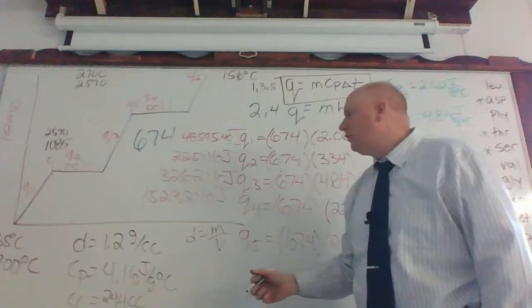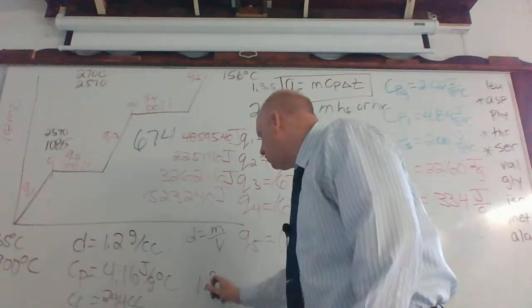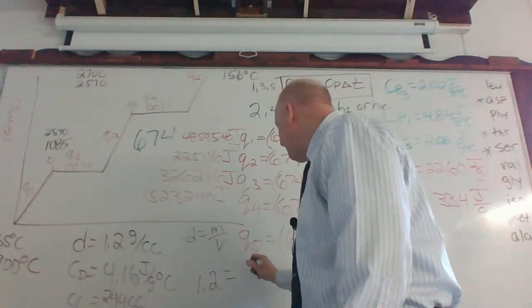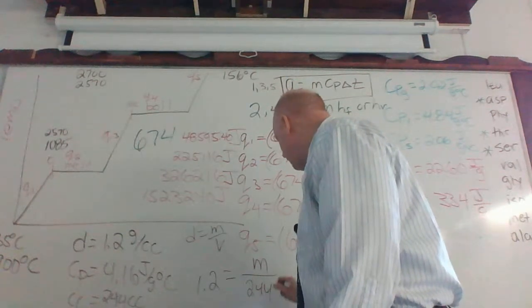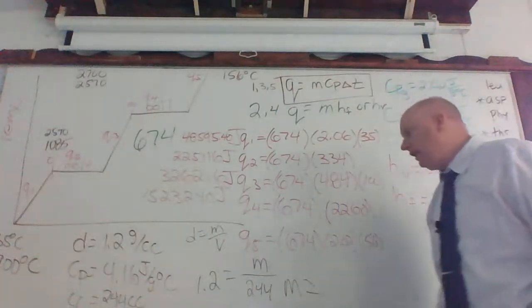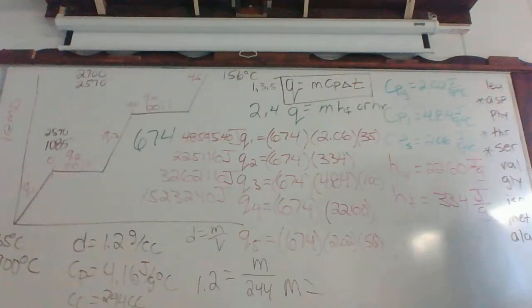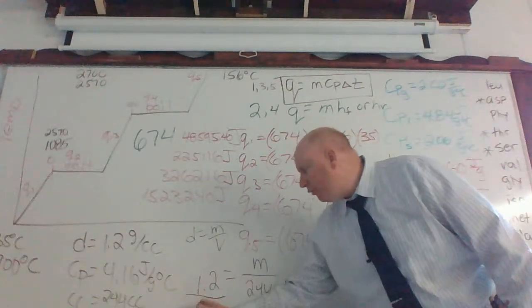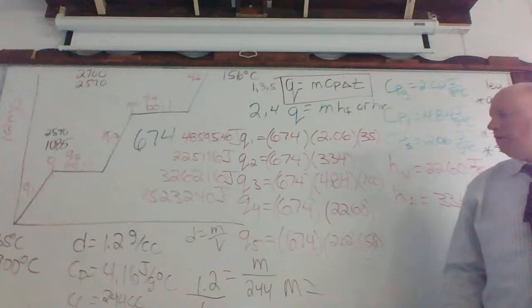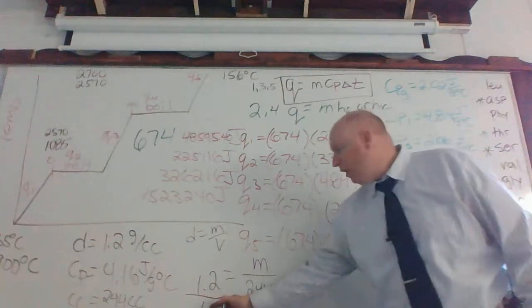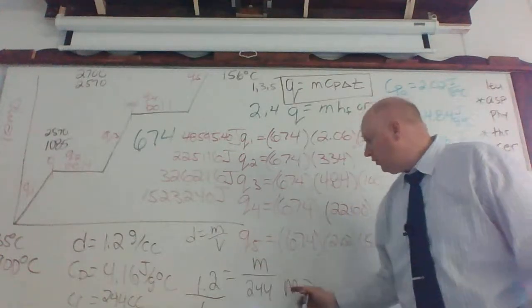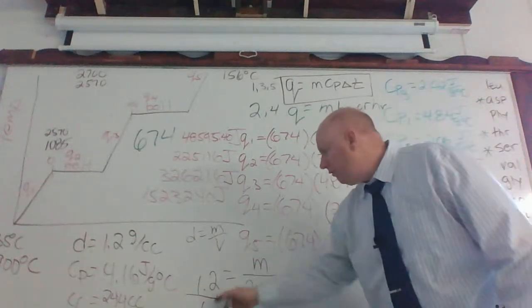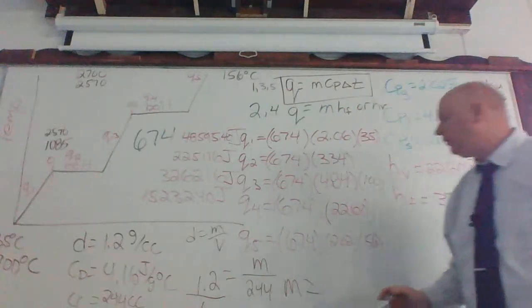In this case, 1.02 equals the mass all over 244. So what does mass equal? What would you do with those two numbers? Cross multiply. Am I changing the value of 1.02? No. So what is 1 times m? M. So mass equals whatever those two are times each other.